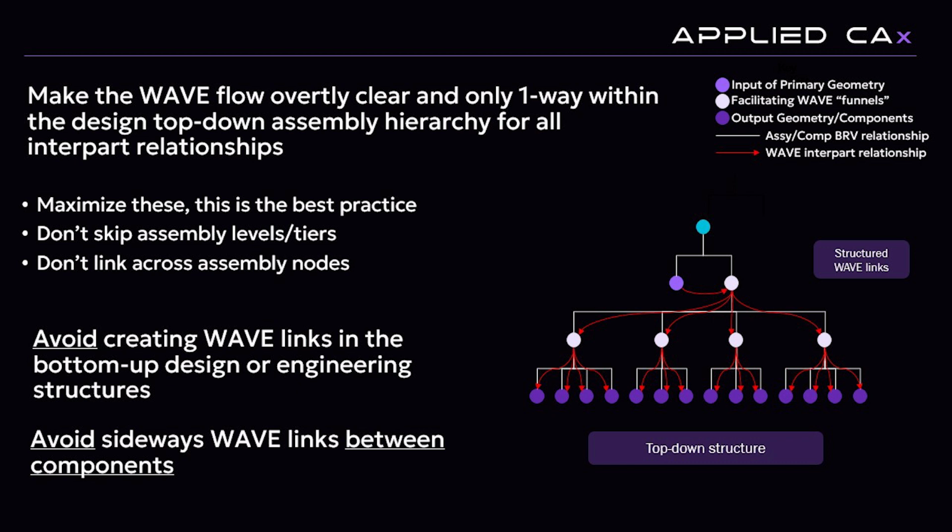It means when you open something, if you don't have the right load options, you're going to open too many things, and that's a real time killer. So you want it to look again like a nice waterfall. Don't skip assembly tiers. Don't link across assembly nodes, and avoid creating wavelengths in the bottom-up design.